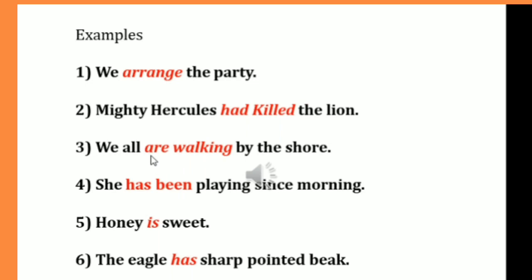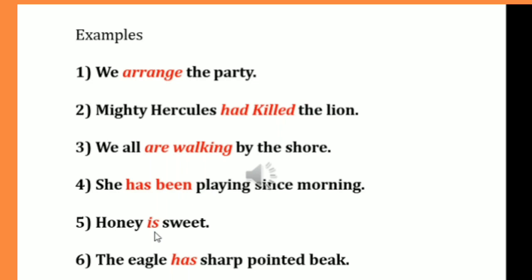In are walking, are is auxiliary and walking is the present participle, so are walking is the verb phrase. Has been playing: has been is auxiliary and playing is the present participle of play, so has been playing is the verb phrase.